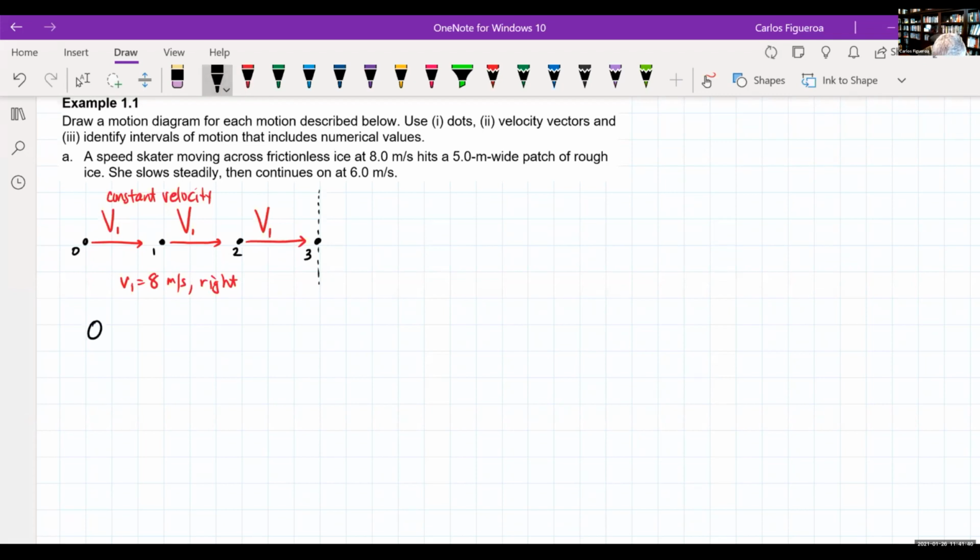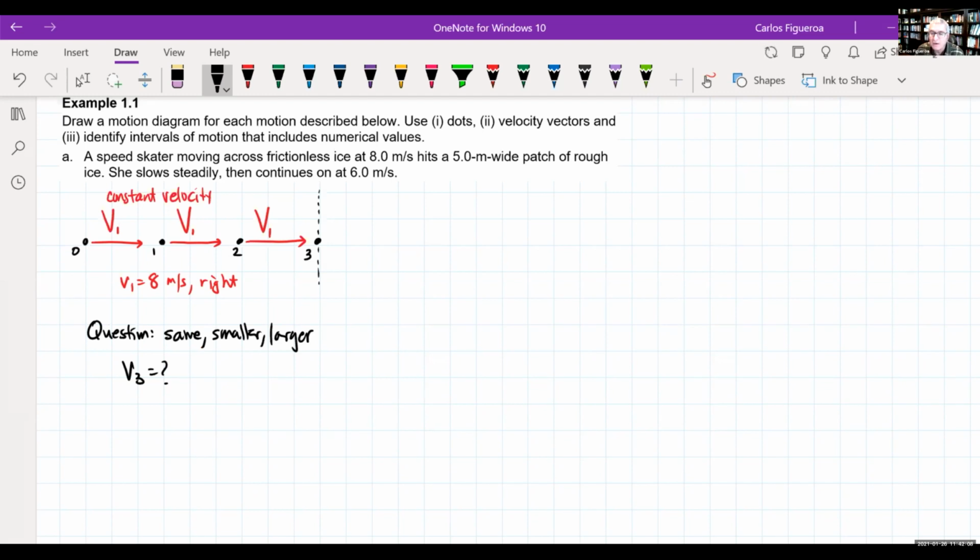So the question I'm asking is, is it the same, smaller, larger? I'm asking about speed 3. Is the speed at 3 the same, smaller, or larger than at point 2? Wouldn't it be smaller? Okay.